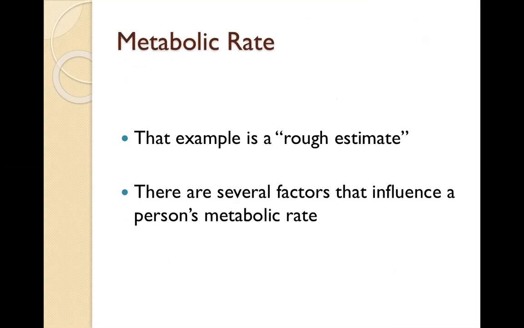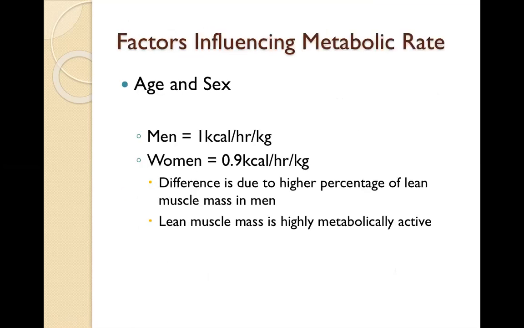So this metabolic rate, it's a rough estimate. There are a lot of factors that influence a person's metabolic rate. And these factors include age and sex or gender. So men tend to have a metabolic rate that's slightly higher than women. When I talk about gender, I'm talking about biological gender.